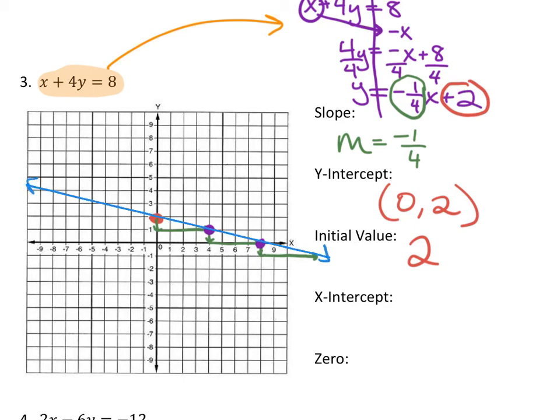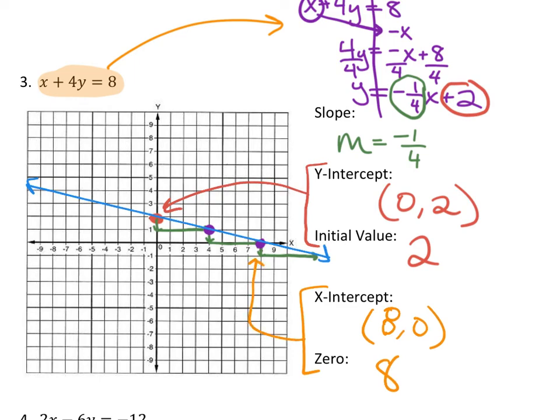And we can label all of my function's attributes. Its x-intercept is all that I have left because I already know its initial value and y-intercept is right here at 2. Its x-intercept and 0 is where the graph crosses the flat or x-axis. I can see visually that this graph crosses the x-axis at (8, 0), which means that it has a 0 of 8.